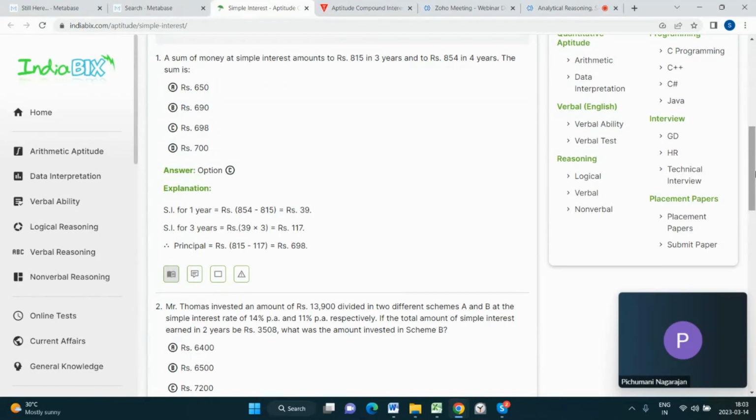For example, you keep 10,000 rupees as a fixed deposit in one of your banks, and the bank says we will give you simple interest for the next 3 years, because you have to keep the amount for 3 years, and every year we will pay you 5% as the simple interest.